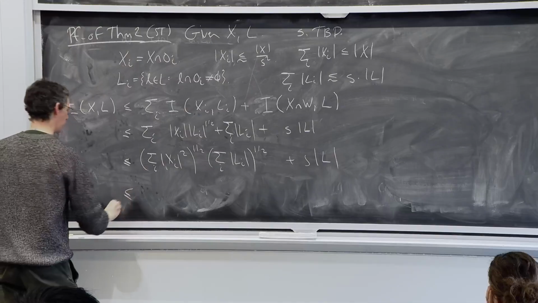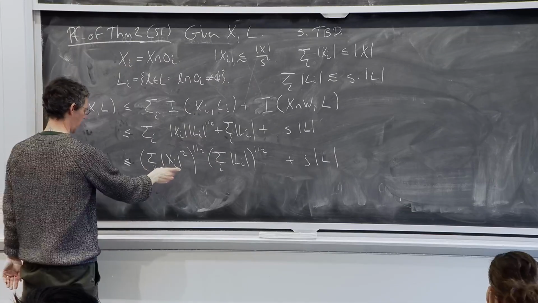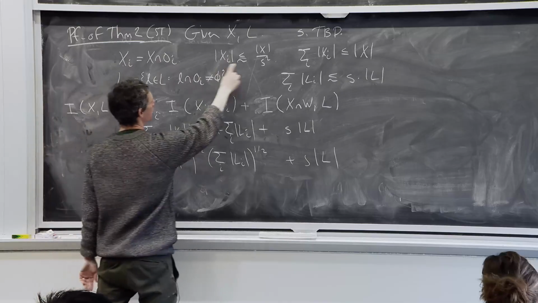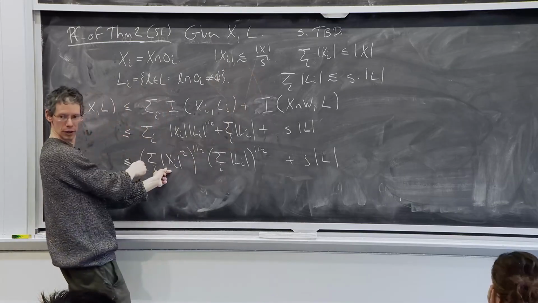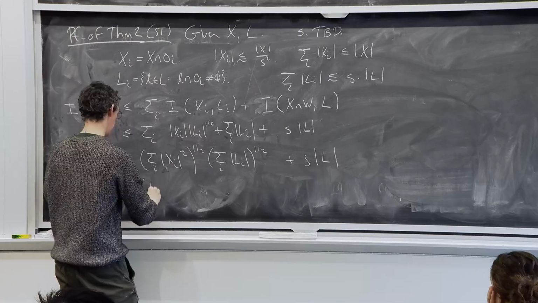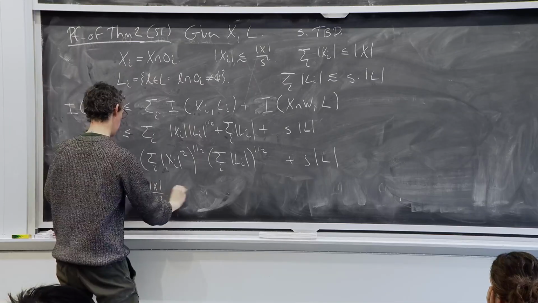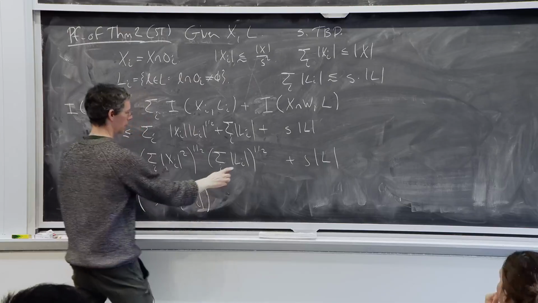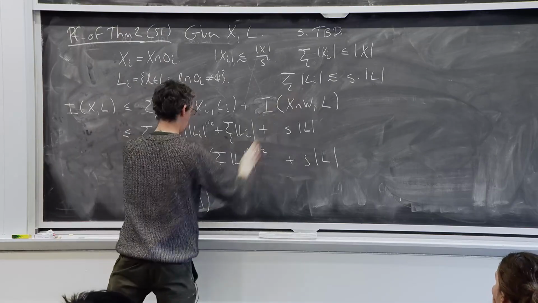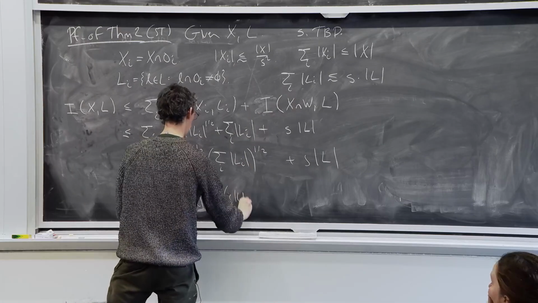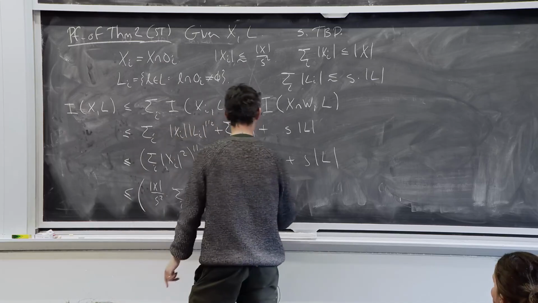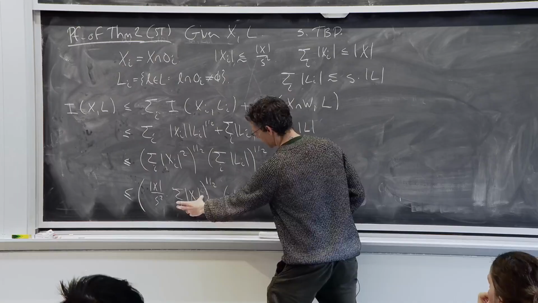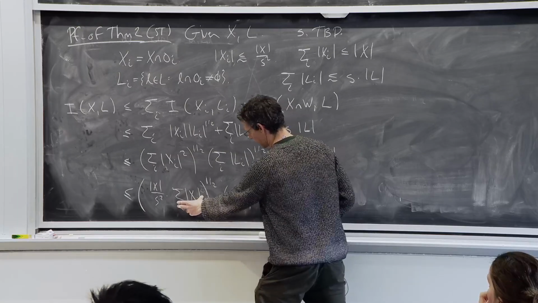Now, what do I do with this sum of squares? Well, I know that each |X_i| is bounded by something, so I can pull that out. So I'll have |X| over s squared, and I'll have left the sum of |X_i|. This sum of |L_i| was just here, so it's s|L|, to the 1/2. And I copy this. This sum of |X_i| is bounded by |X|.